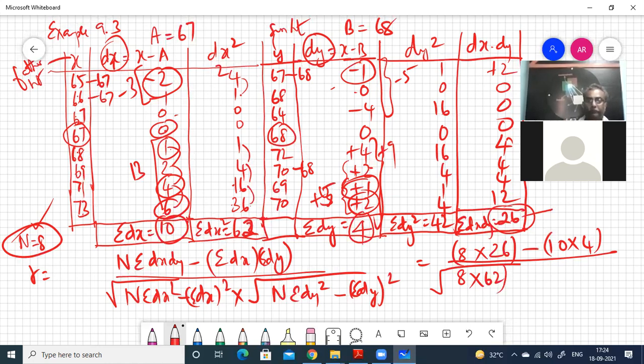Minus sigma dx, 10, 10 squared. Into another square root of, this time n again, 8 into sigma dy squared, how much? 42. Minus sigma dy the whole square. Sigma dy is 4, 4 squared. That's all you have to do now.